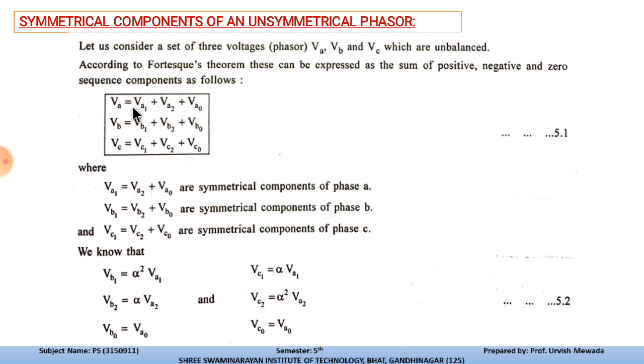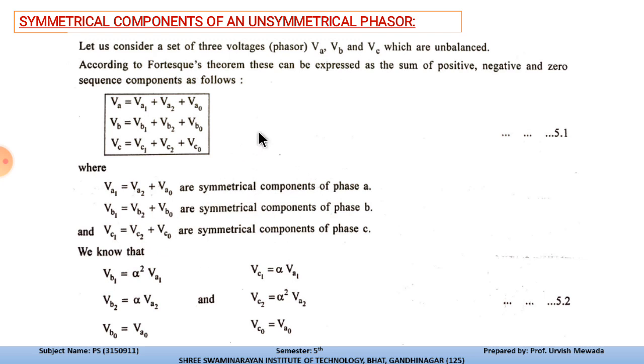So VA is equal to VA1 plus VA2 plus VA0, which are the symmetrical components of phase A, and VB1 plus VB2 plus VB0 are the symmetrical components of phase B, and VC1, VC2, and VC0 are the symmetrical components of phase C.